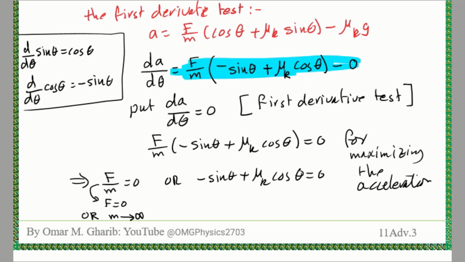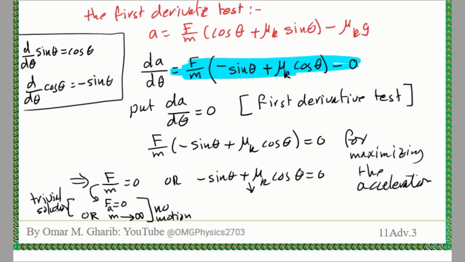And they are trivial solutions. These two solutions mean there is no motion, since there is no force and or the mass is infinity, so we cannot set the object in motion.